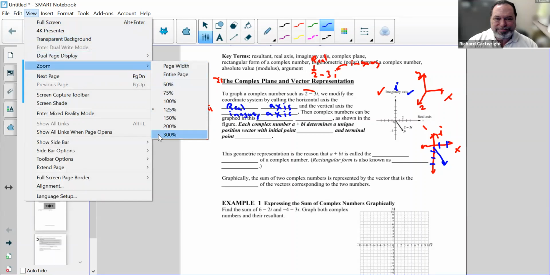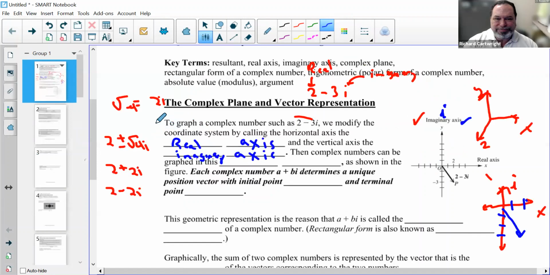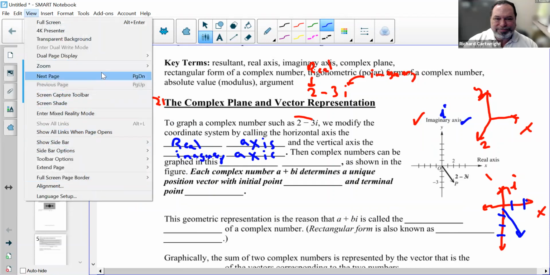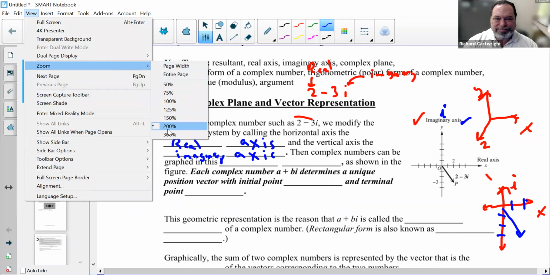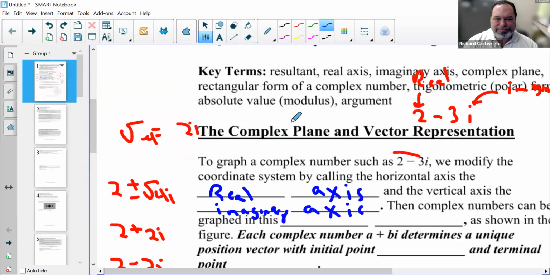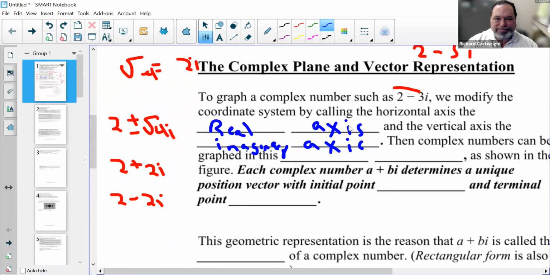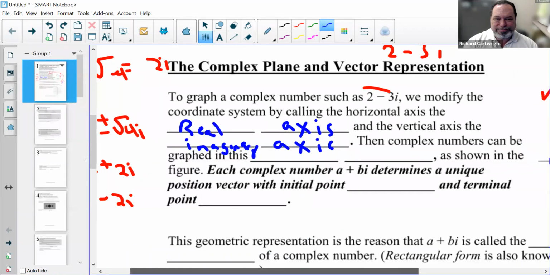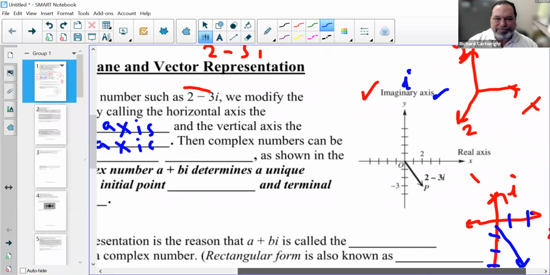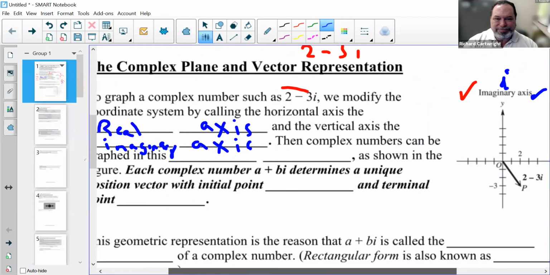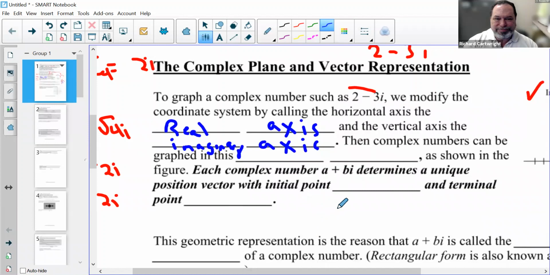I'm playing with my new toy, so let me go 200. That's a little better. Let me zoom it to, I don't want to go 300, but let's see. Whoa, yeah, that'll work. I like it. But then, no, you can't see everything on the side. I'd have to somehow figure out how to scoot this over if I need to. Well, okay, right now I'm going to do this. I can write on it more.